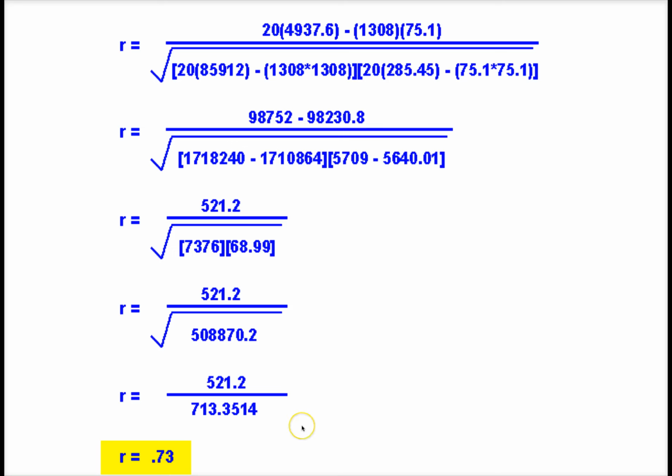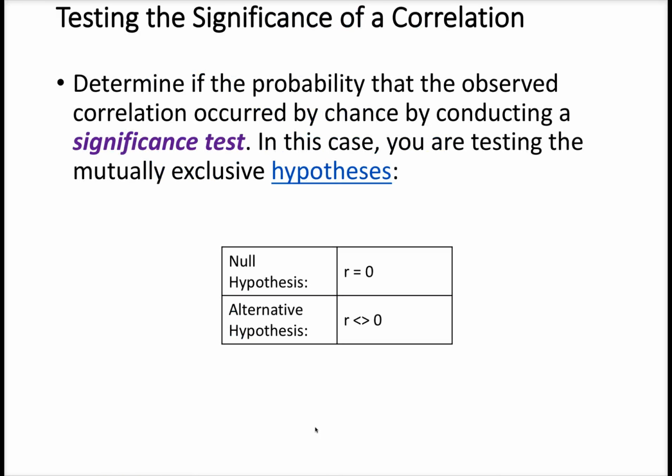So if we know one, we know half of what's going on in the variability between one and the other, and that's a pretty high value. If we only know one of these variables, we know a lot about the other variable according to this formula. And again, we have a sample of 20.